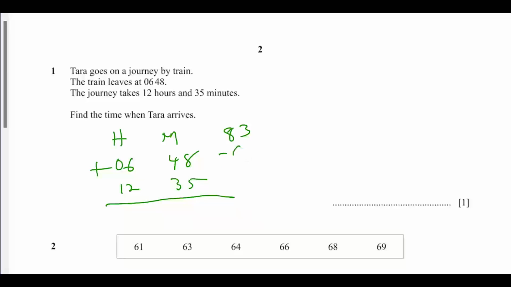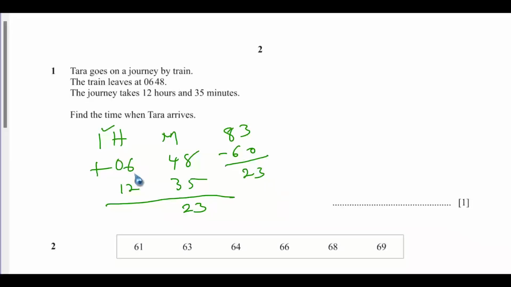Then you need to subtract 60, that will be 23, so you have 23 minutes here. So we have 1 hour, so I can keep it here. I subtracted 60 from 83 because 83 is more than 60 minutes, so I have to subtract 60 to have an hour here.